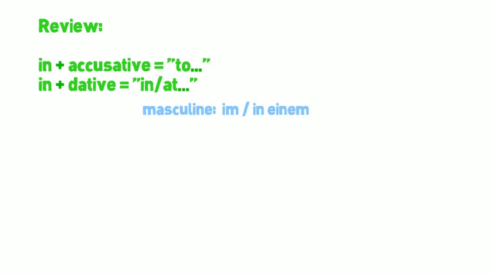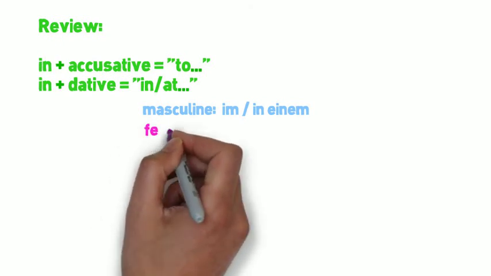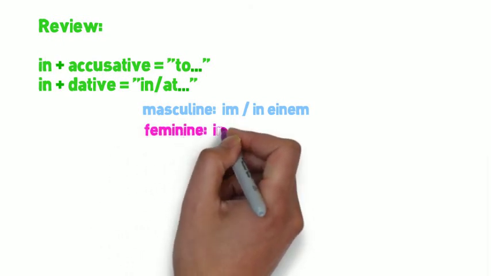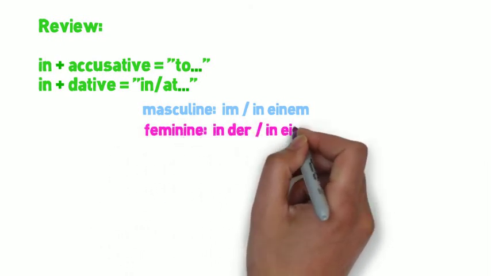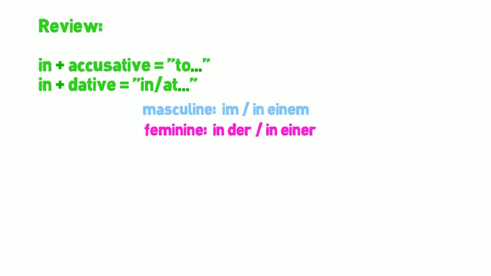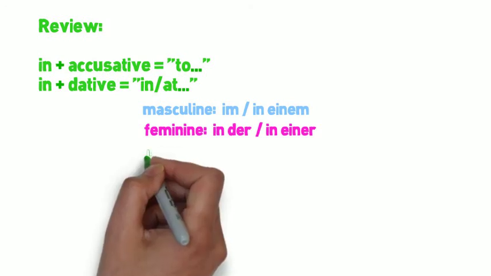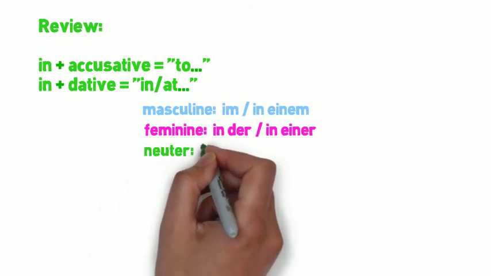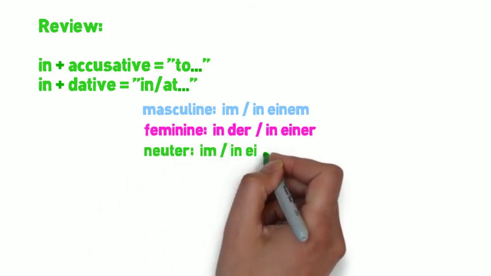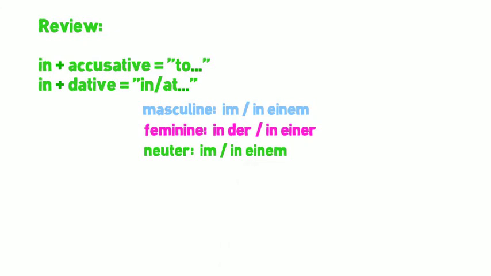With feminine nouns, you'd use in der for in or at the, and in einer for in or at a. The options for neuter nouns are the same as for masculine nouns, im or in einem. And the option for plural nouns is in den for in the.